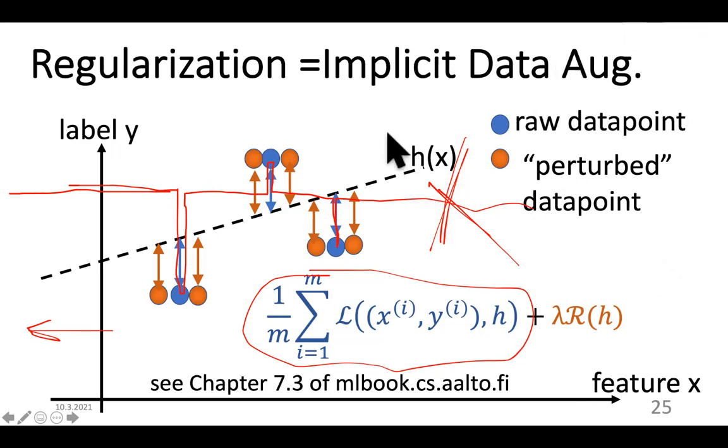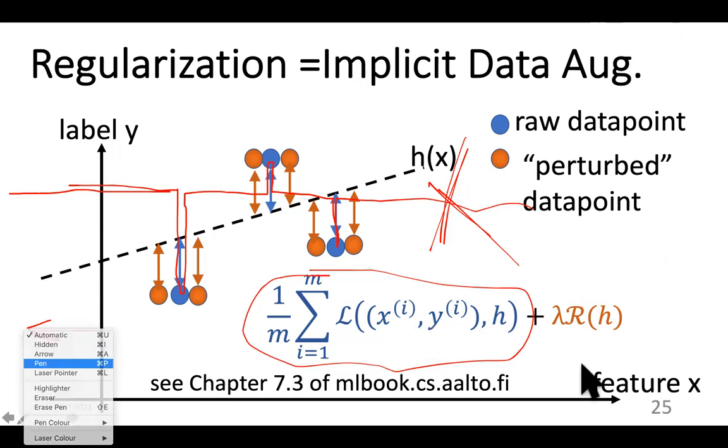Okay, so as it turns out, regularization is actually the same as data augmentation. It's an implicit data augmentation by infinitely many augmented data points, which are obtained by drawing from a random generator. And the probability distribution of this random generator is related to the regularization function.